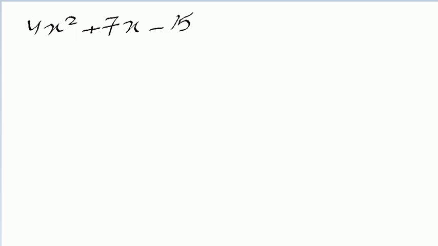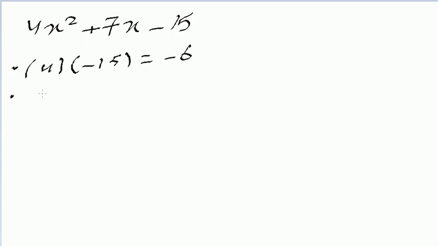Again, what's the procedure? The first thing is find the product of A and C. What's the product of A and C? It's 4 multiplied by minus 15, which is minus 60. This is the first step.